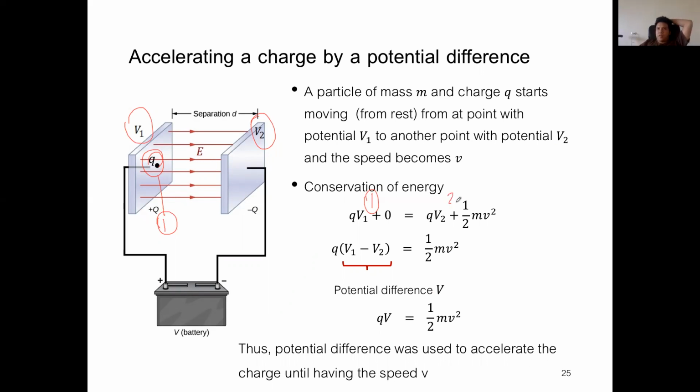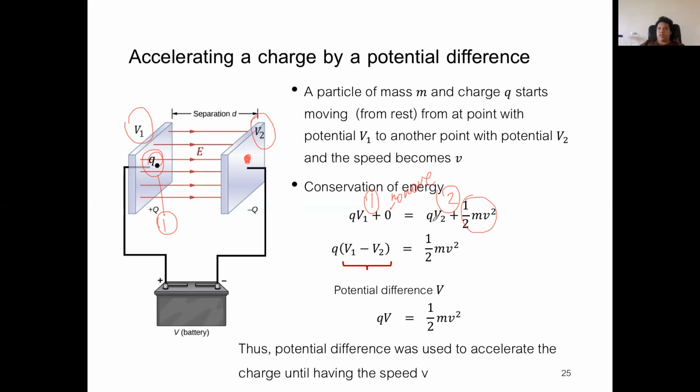And for number 2, it is Q that has been moved to the other side of the electrode. So QV1 plus 0 is the condition before. The 0 here means that the particle is not moving, or the kinetic energy is 0.